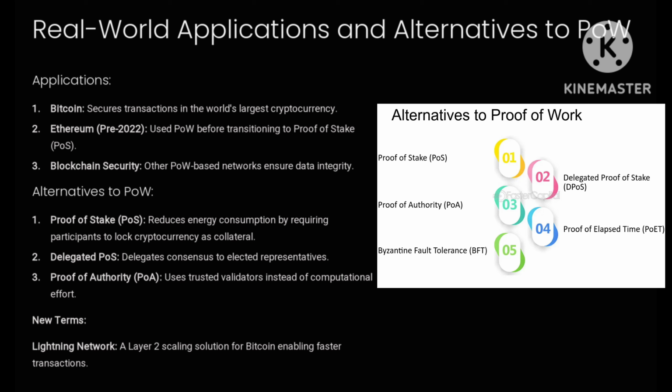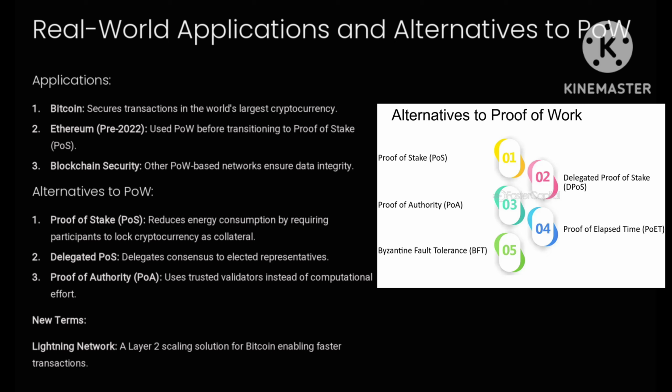Slide 9. Real-world applications and alternatives to PoW. Applications. 1. Bitcoin, the first and most prominent cryptocurrency using PoW. 2. Ethereum, pre-2022, transitioned from PoW to proof-of-stake (PoS). 3. Blockchain security. Other cryptocurrencies rely on PoW for data integrity. Alternatives to PoW. 1.